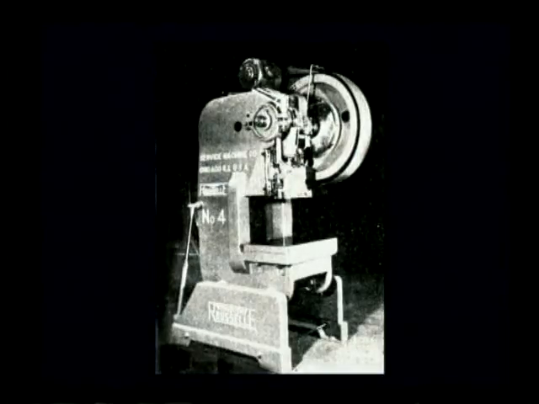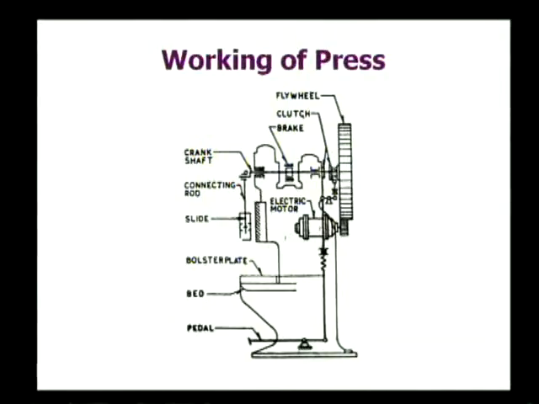And this is another mechanical press. Now let us discuss the working of a press. You can see the slide, and here you can observe this is the motor from which mechanical energy is transferred to the flywheel. This flywheel basically acts as an energy reservoir.